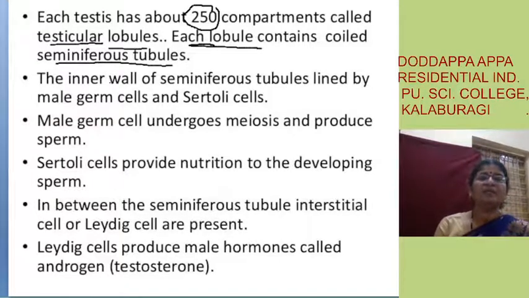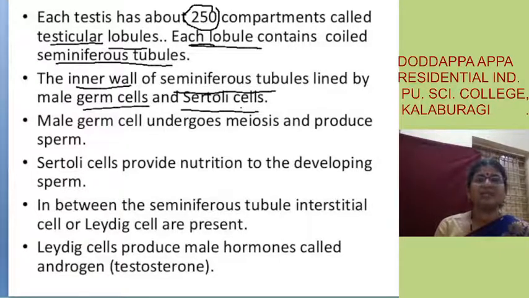Fine. So the inner wall of the seminiferous tubule is lined by two types of cells, that is germ cells and Sertoli cells.